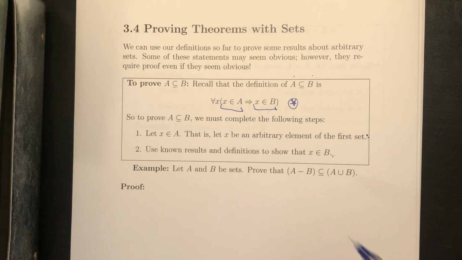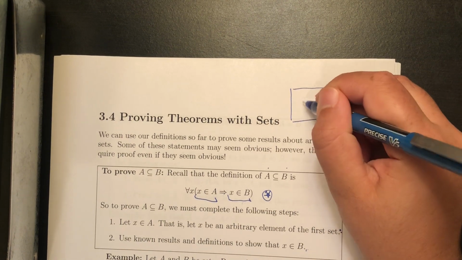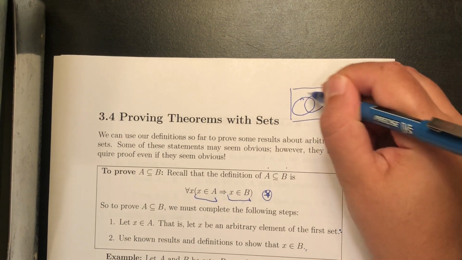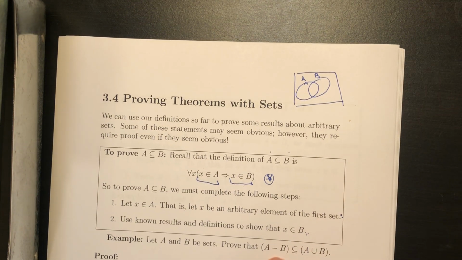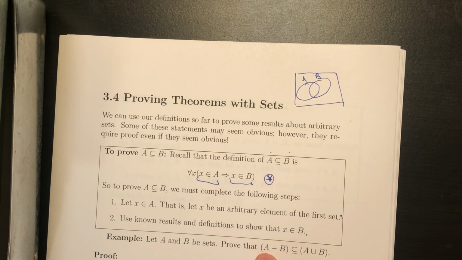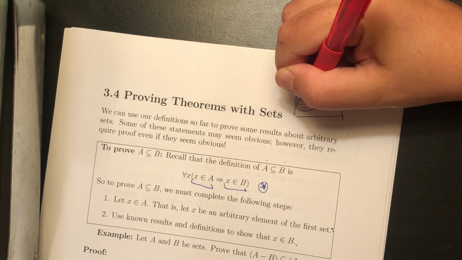Now let's try and convince ourselves this is true using just Venn diagrams here. Here's A, here's B. And let's just remind ourselves, what is the set A minus B? So A minus B is all the stuff that's in A and not in B. So it's this sort of half moon shape area of the Venn diagram right here.